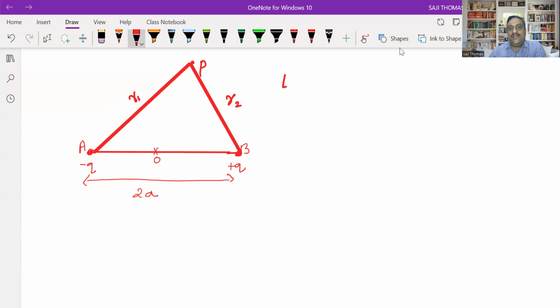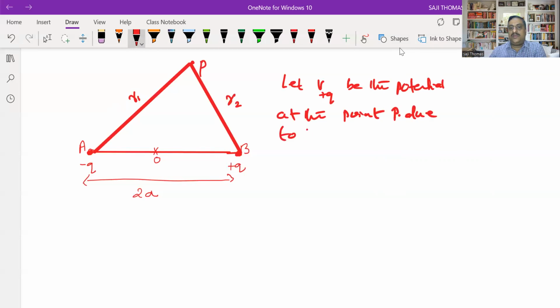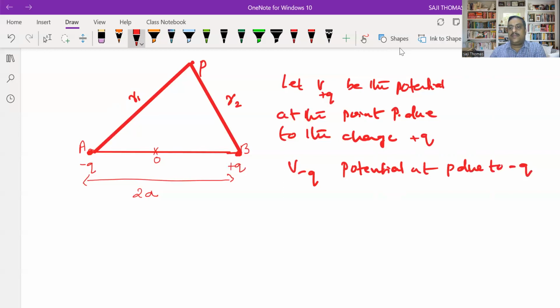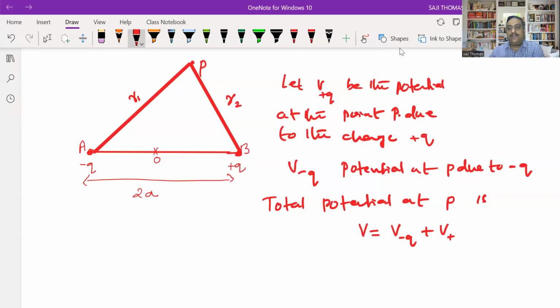Let V plus Q be the potential at the point P due to the charge plus Q. Similarly, V minus Q is the potential at the point due to the charge minus Q. So at the point P, the total potential is the sum of these: V minus Q plus V plus Q.